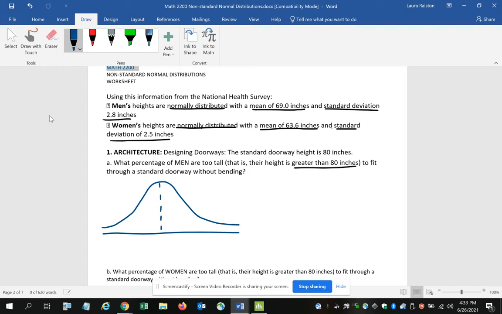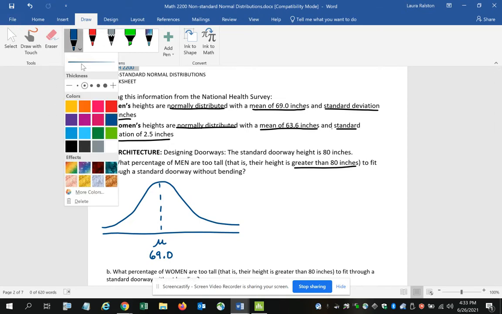For men's heights, the mean is 69 inches. So I'm going to put that in the center, and that becomes my point of reference. The question says, what percentage of men are too tall? Meaning they're greater than 80 inches.